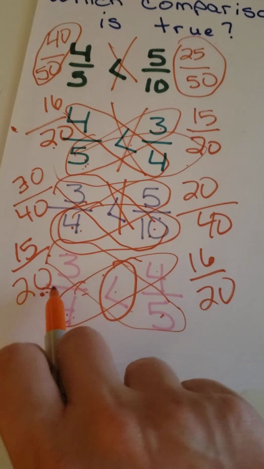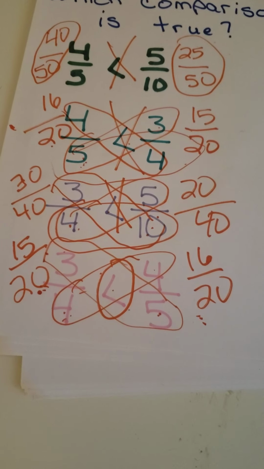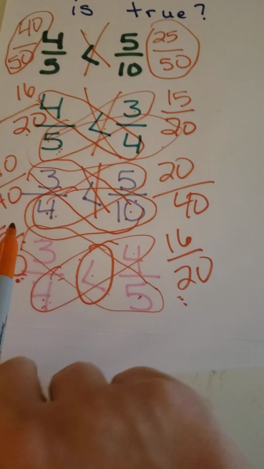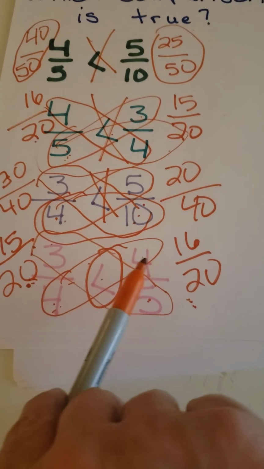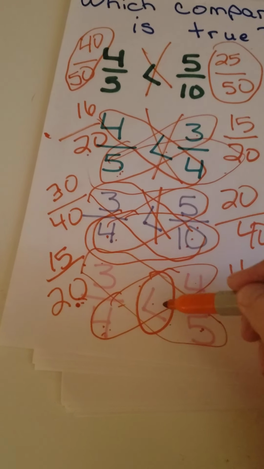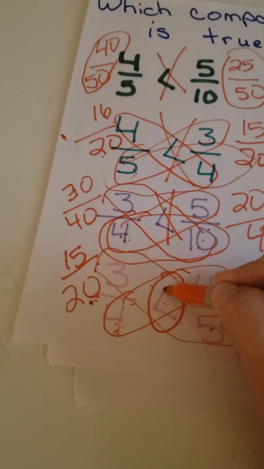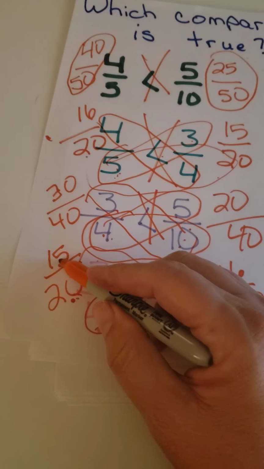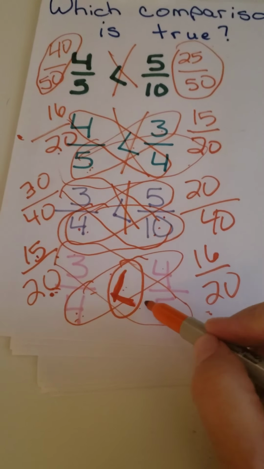Because remember, if the denominators are the same, we can compare. So 15 is less than 16. So yes, this one is true, because this sign here is less than. 15 is less than 16.